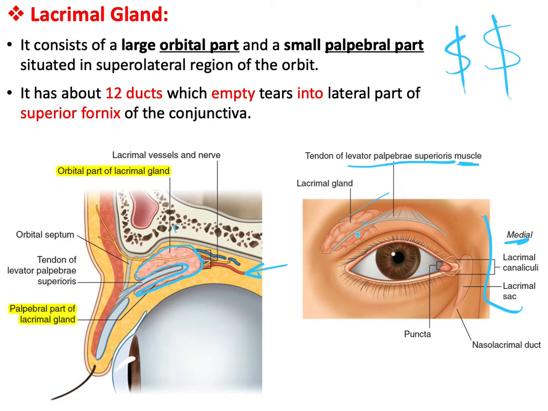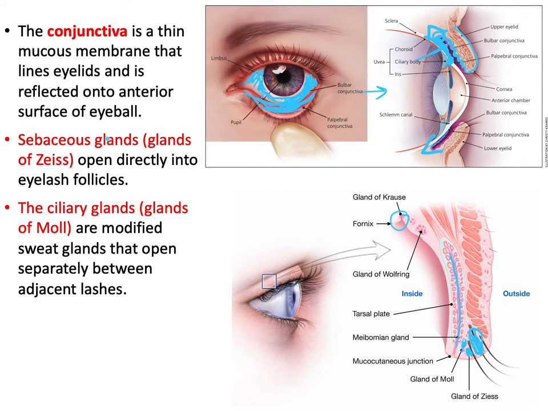So the lacrimal gland has around 12 lacrimal ducts that open into the lateral part of the superior fornix of the conjunctiva. Where is the superior fornix? That's why I talked to you about the fornix here.